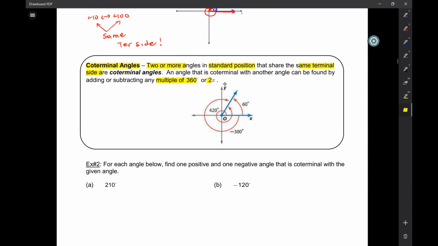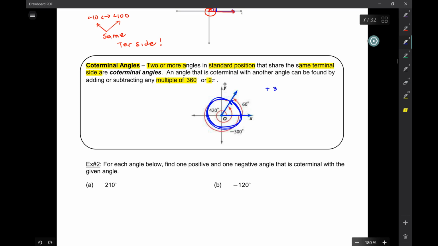Let's go over that again. Here is an angle of 60 degrees. Now from here, if I add 360, I come back to the same angle. If I add another 360, I come back to the same angle. If I add another 360, I come back to the same angle.